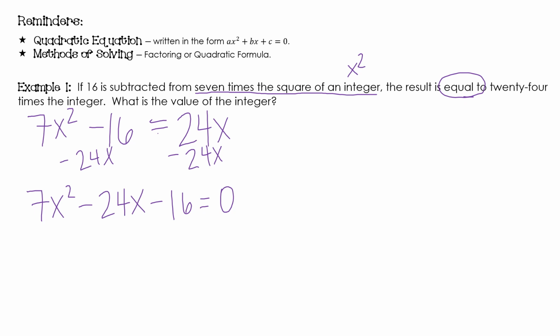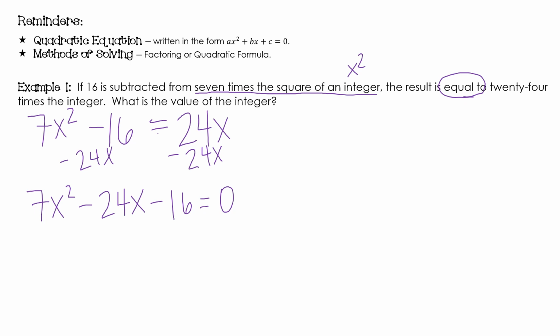So to determine whether or not my solutions would be rational or irrational, we can use the discriminant. Now on this problem, it's asking us for the value of an integer. An integer is a rational number. An integer is going to be any number, positive or negative, that is not a decimal. So 7, -4, 13, all of those would be considered integers.